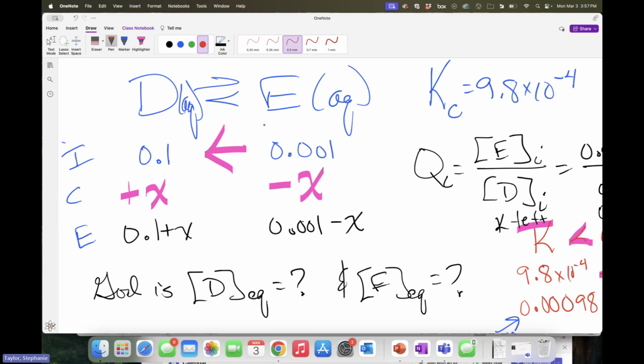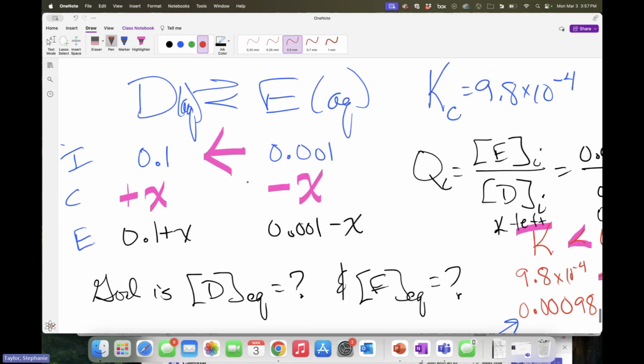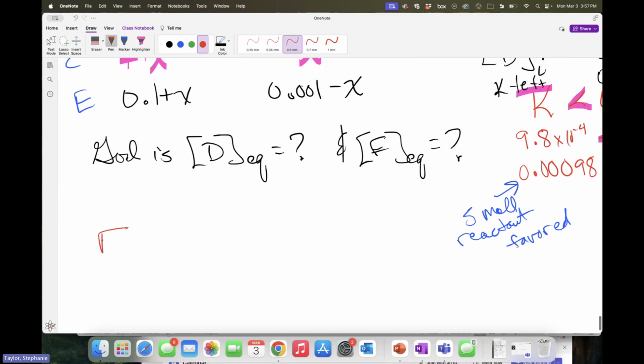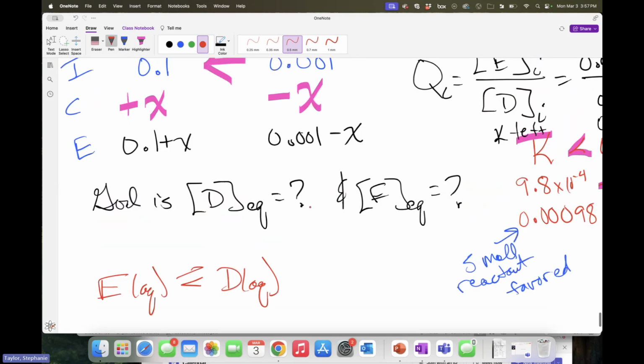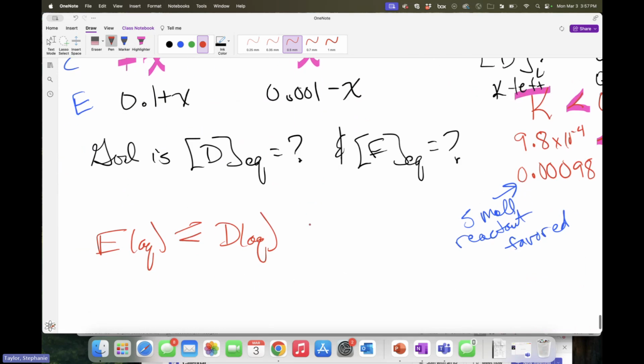If I wanted to double check, what I would actually need to do is rewrite this so that I could address whether K is small in the direction I'm going. So I could go ahead and reverse the direction of this. If I do that, then K is 1 over 9.8 times 10 to the negative 4.